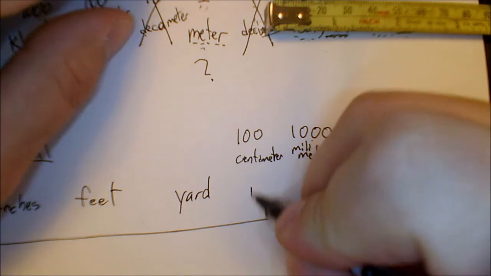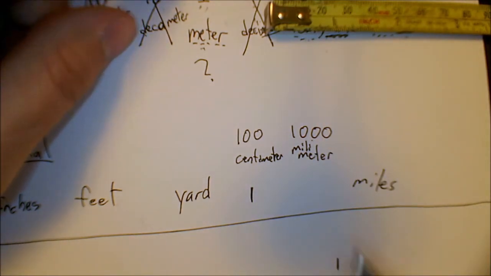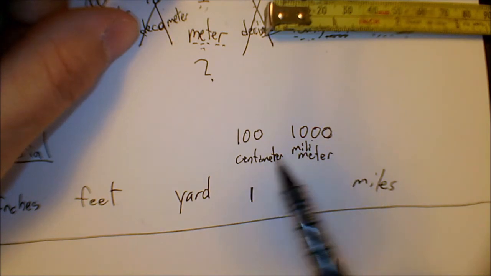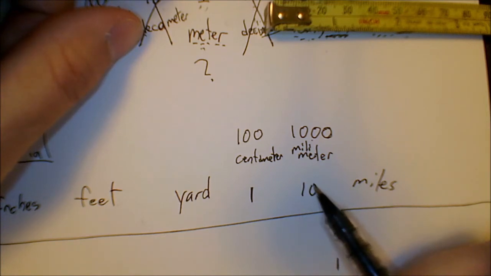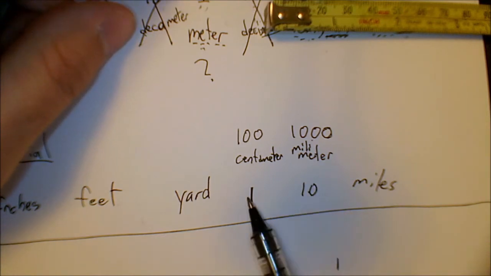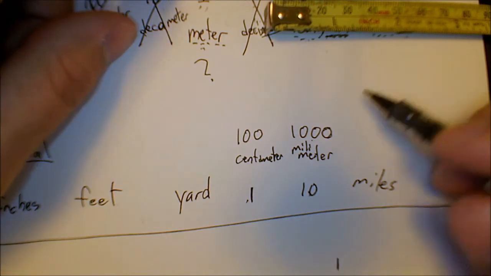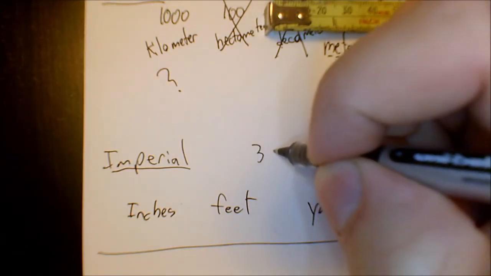Now, what if we only have 1 centimeter? How many millimeters are there going to be? Well, just like there's one more 0 when you compare centimeters and millimeters, we would just add one more 0. If we had 1 centimeter, we have 10 millimeters. So what happens if we have 3 centimeters?